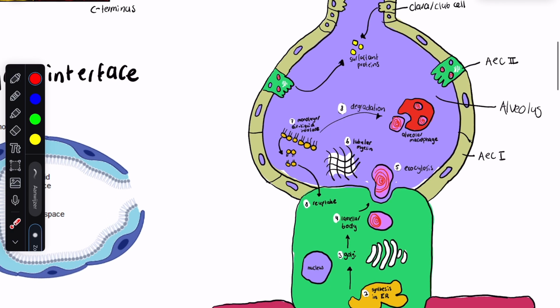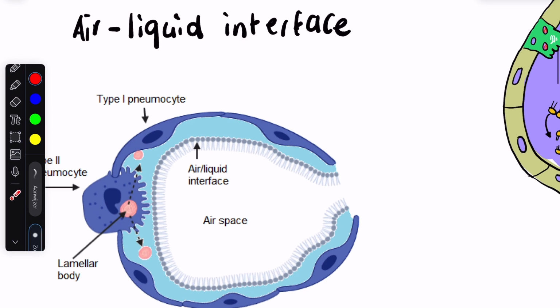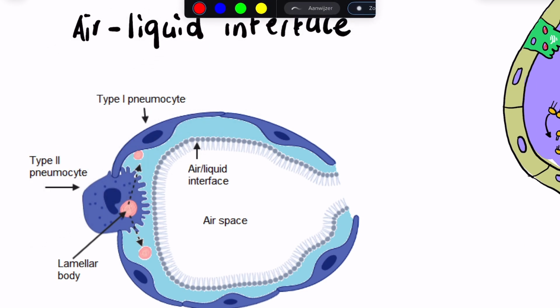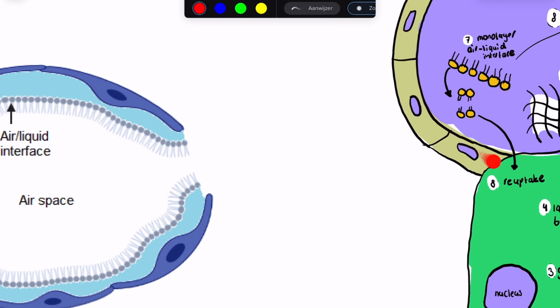Like here in the picture, it's kind of difficult to see because the air-liquid interface is not present here, but it is here. And so you might wonder, how exactly does it reduce the surface tension? Here you can see the cells, and this is the alveolus immediately.